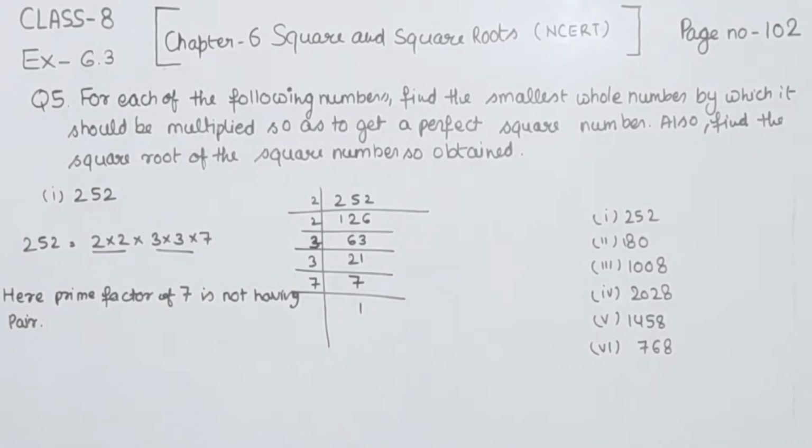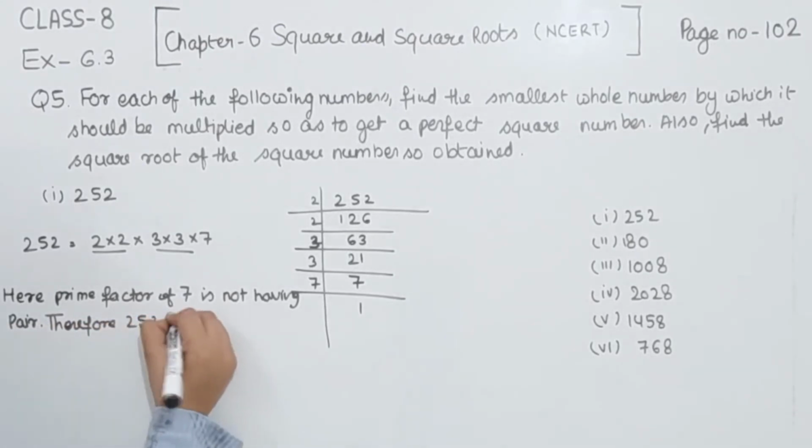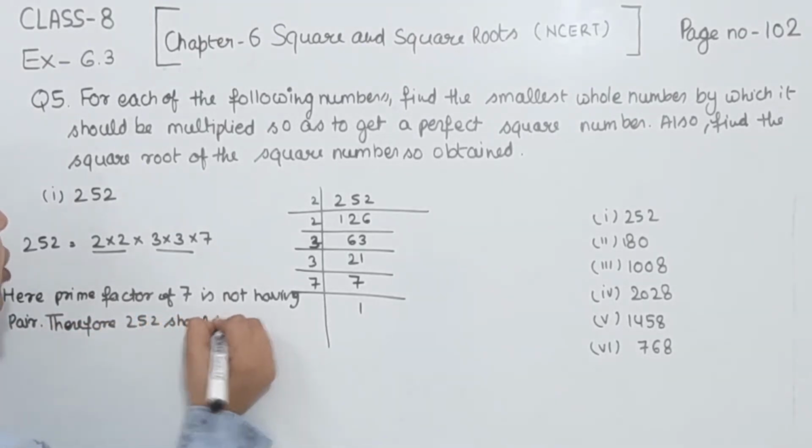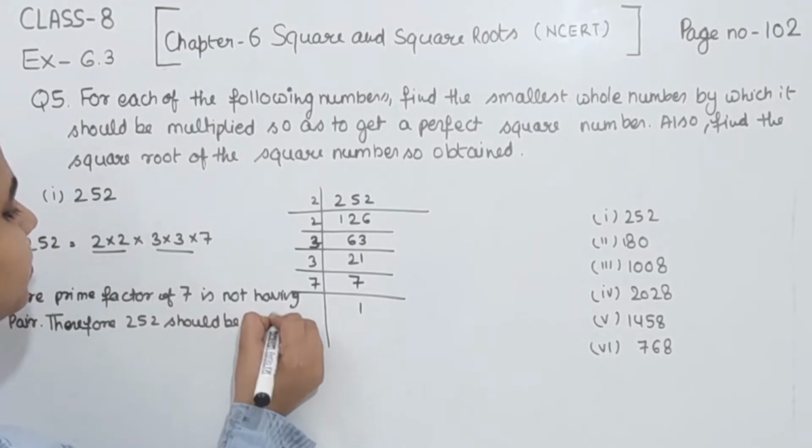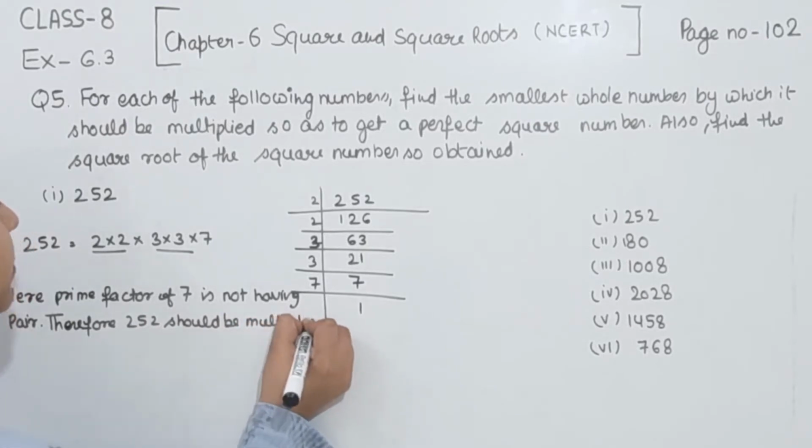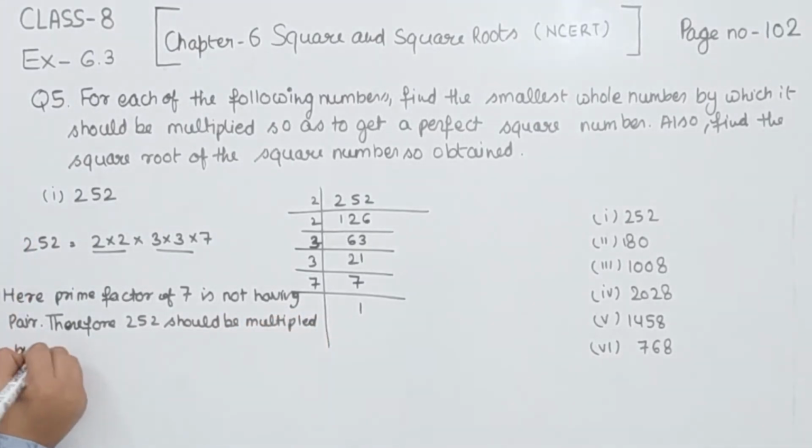Therefore, 252 should be multiplied by 7 to make it a perfect square.